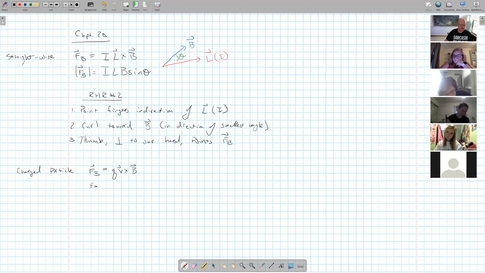Or magnitude-wise, this was equal to Q times V times B times sine of the angle between the two, where here the angle is the angle between B and V. So this is our angle. Okay. This one is also given by right-hand rule number 2.